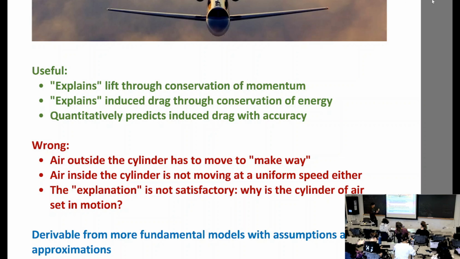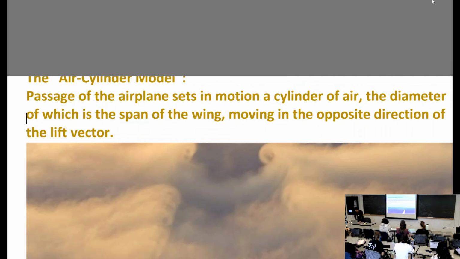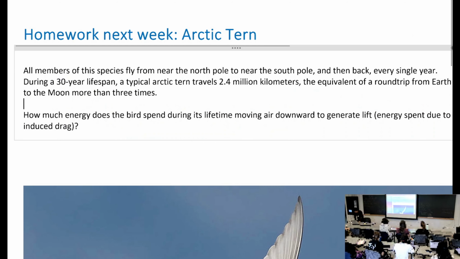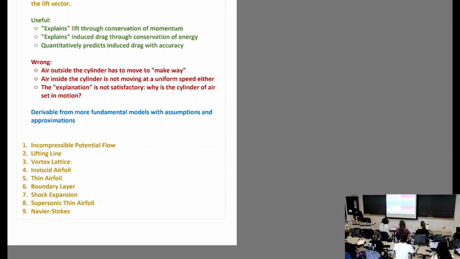We're going to start from the conservation of mass, momentum, and energy, and we're not going to ask why mass is conserved, why momentum is conserved, why energy is conserved. Then we derive things from there. But we're not going to start with the Navier-Stokes equation either. We're going to move down the chain, starting from very simple models that are easy to work with, to something slightly more difficult. So the chain of models is the following.